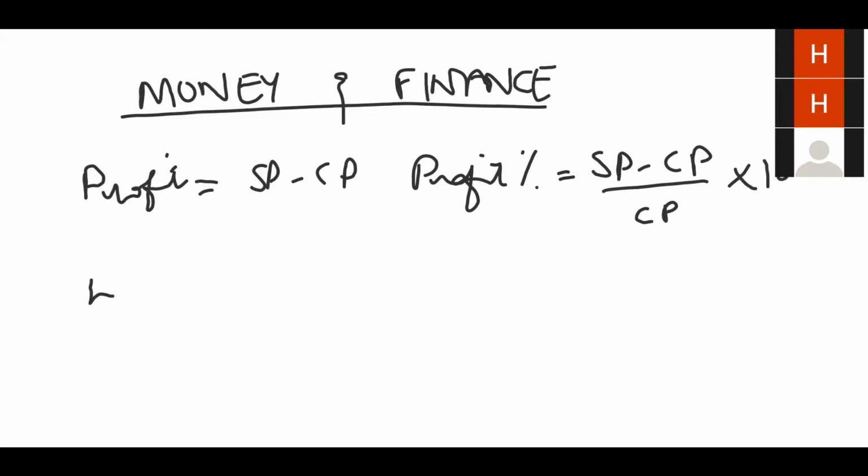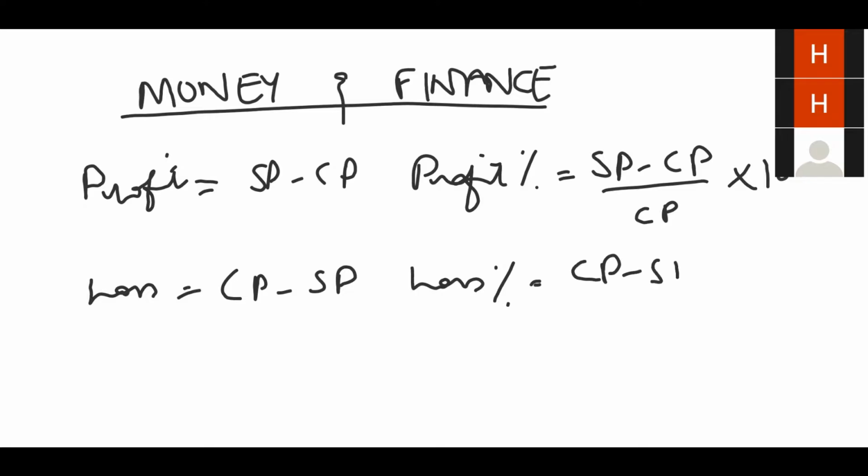And so our loss was cost price minus selling price, and our loss percentage was cost price minus selling price over cost price into a factor of 100. All right, we're already done with these questions, and we've already done these formulas.